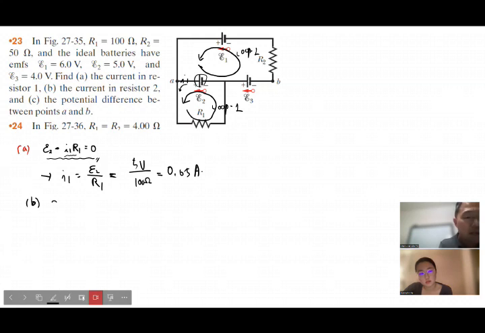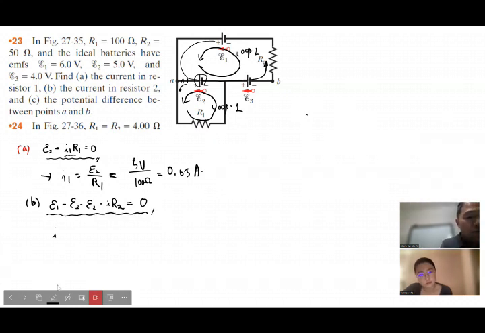So E1 should have the positive sign, but E2 and E3 should come with the negative sign. Assuming the current is flowing counterclockwise, R2 also has the same direction as loop 2. In that case, the resistor should come with the negative sign, like this. So you have that relationship out of the loop rule.